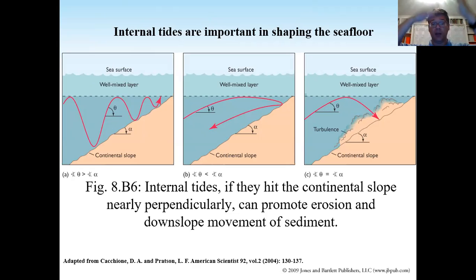And then that sand and mud in the water is going to tend to flow down before it settles out again. Turns out that the way tides work out, they tend to come in at just the right angle to really hit into your average continental slope.